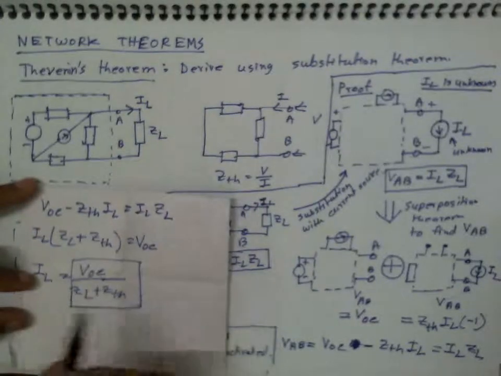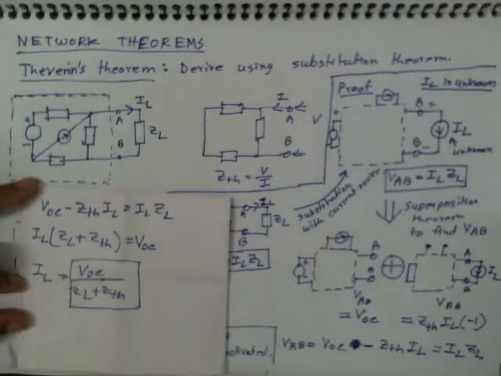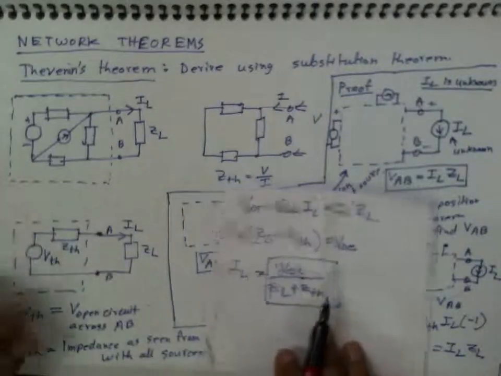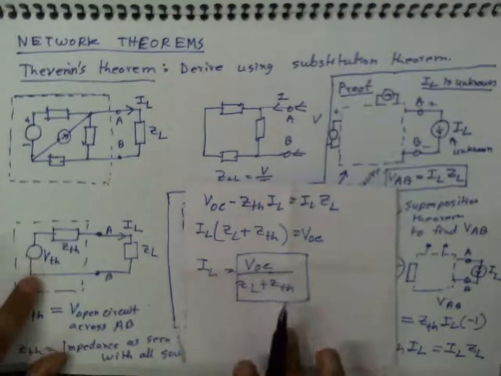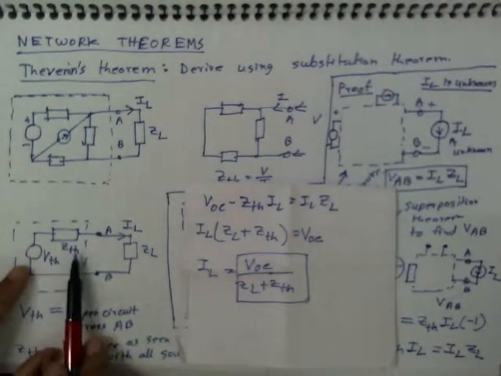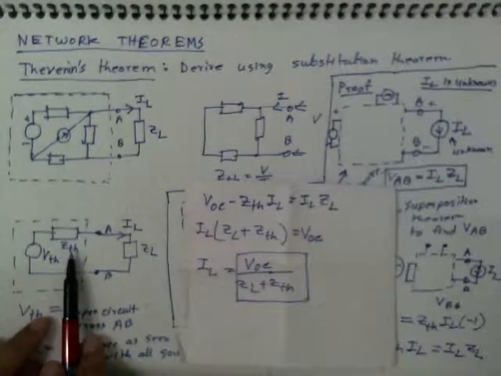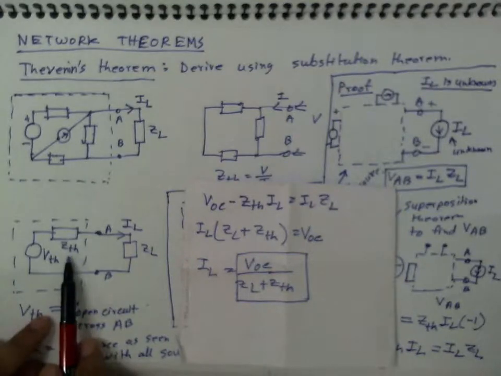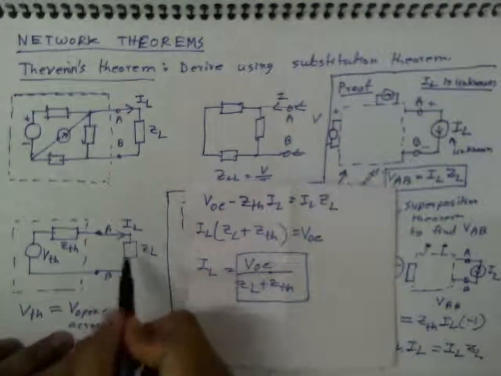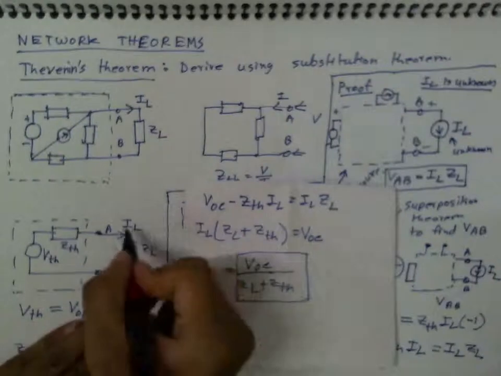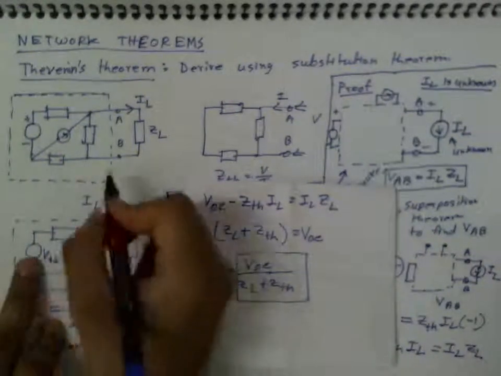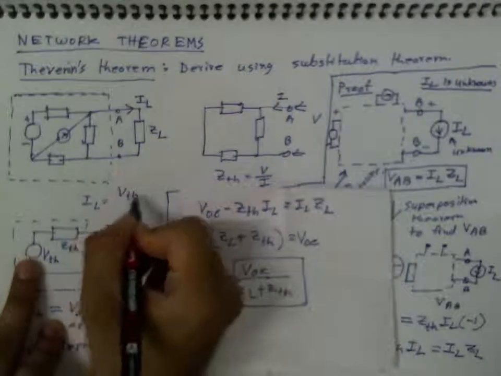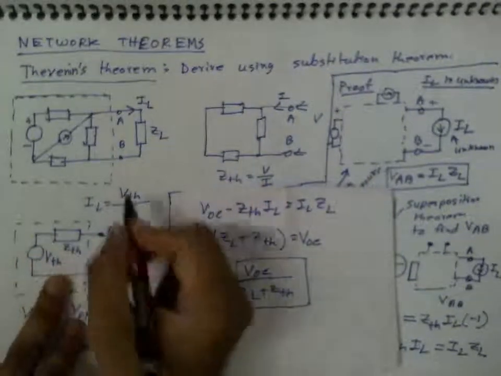And this is Thevenin's theorem. That's what Thevenin's theorem says, right? It says that we can replace this with a VTH voltage source and a series impedance ZTH, and that is the same as saying this current IL will be equal to VTH by ZTH plus ZL.